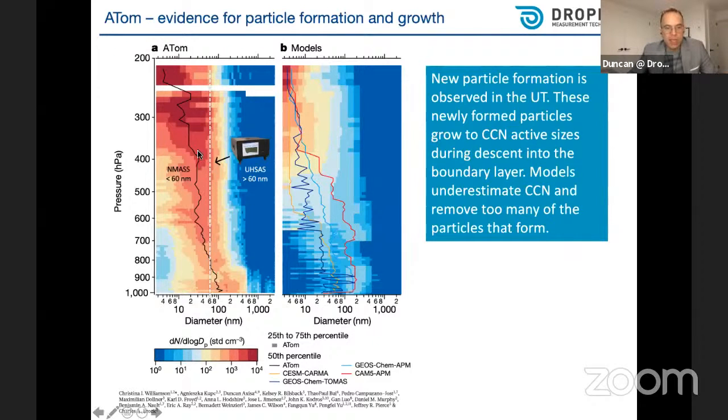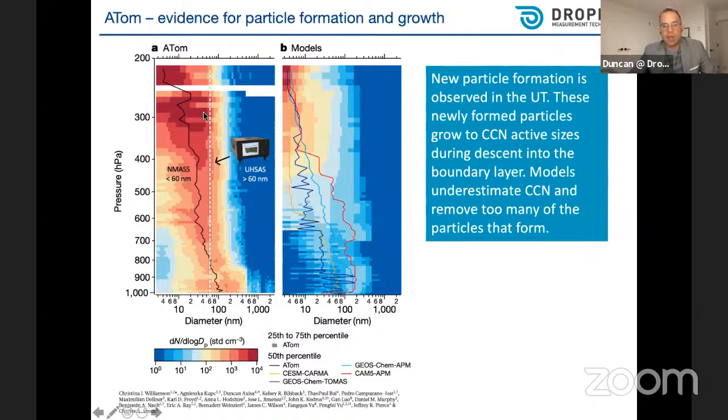And we see here that in the upper troposphere at 300 millibars and above, there's this intense nucleation mode that is occurring. And this is attributed to new particle formation.